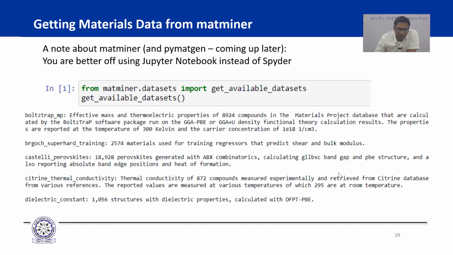Then the second one is a database of superhard materials. The third one deals with perovskites and so on. So as long as you are able to query properly, MatMiner will be able to find an array of databases as long as they have been uploaded in some of these major open source databases.